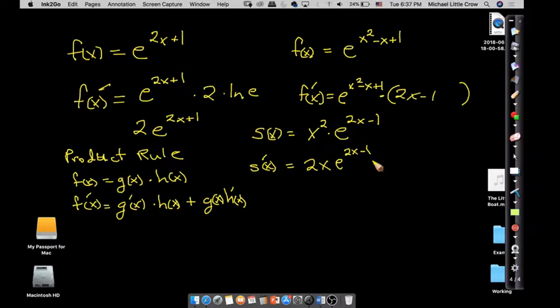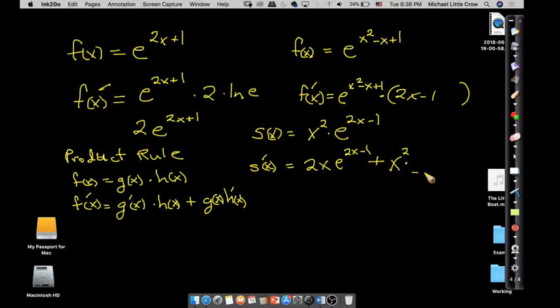And then we get the second part, where we take the first function, x squared, and we don't do anything to it except copy it down. Again, it's easy, but sometimes you ask, why do I do this? It just works. It's a formula. And now, what is the derivative of e to the 2x minus 1?